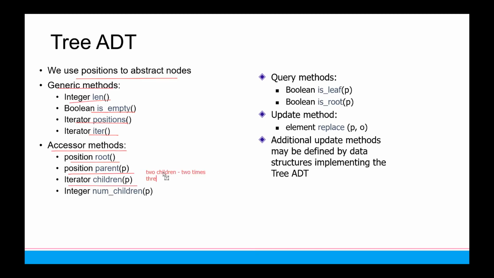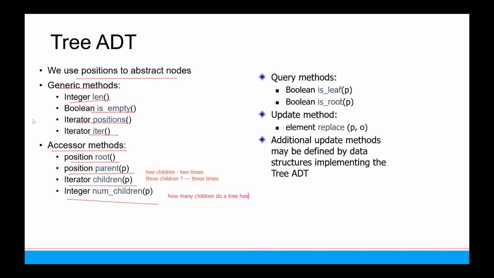If there are 3 children, then the iteration will be 3 times, and so on. And the integer num children p means we want to know how many children a tree has.